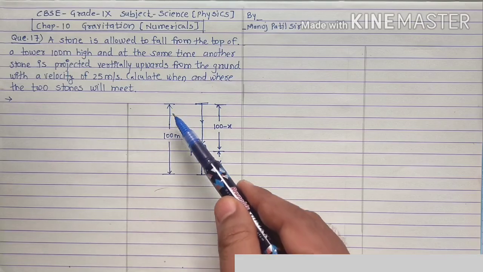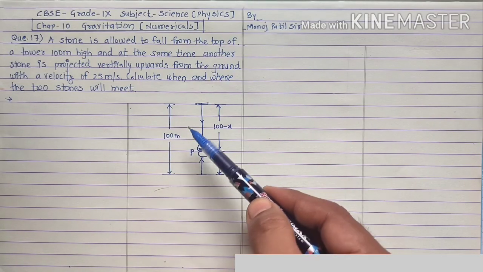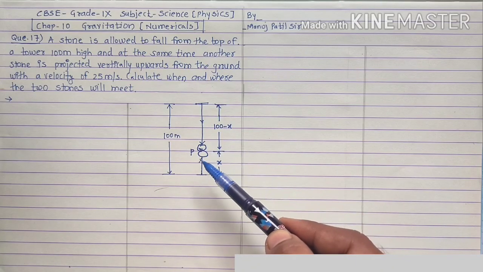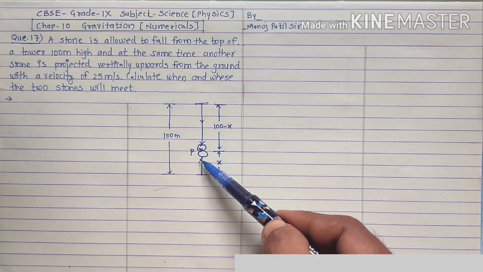Now look in this diagram. This is the height of the tower, 100 meter. One stone is released from the height 100 meter, from the tower, and the other stone is projected from the ground in the vertically upward direction.